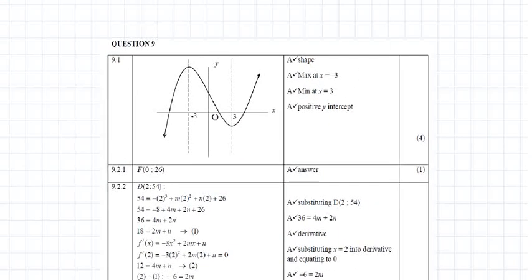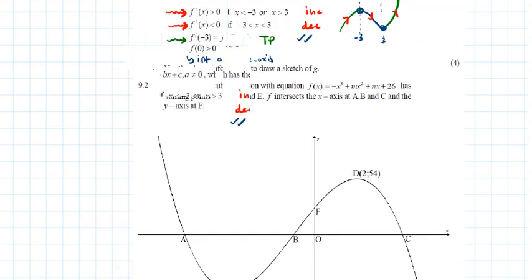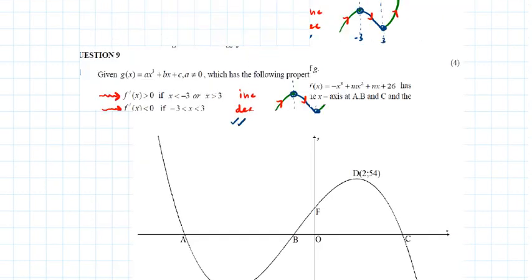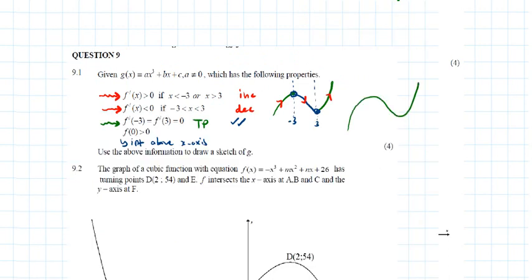So you mention -3 as a turning point, 3 as a turning point, and the y-intercept is positive, somewhere above there. And then yeah, the shape you get marked. Once I draw this shape, for example, let me draw it again, that could be another possible answer. I can draw my y-intercept somewhere here. Oh no, it can't be, because it must be -3 and 3. Sorry.